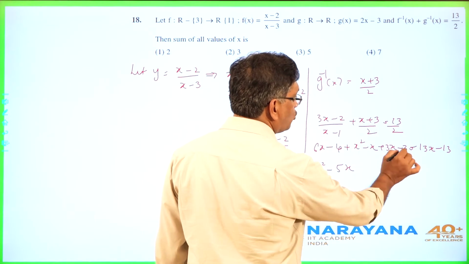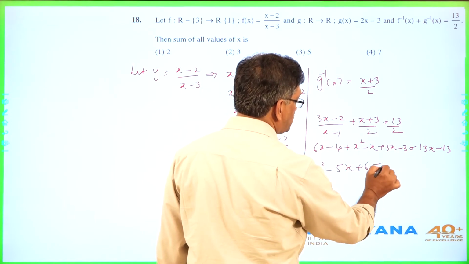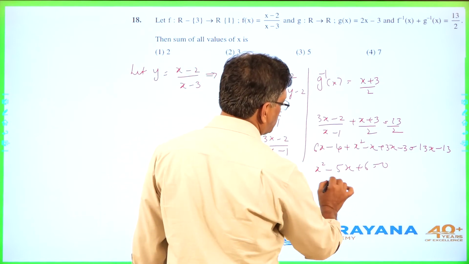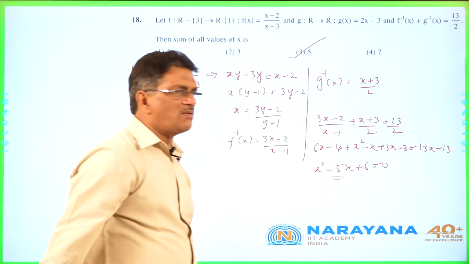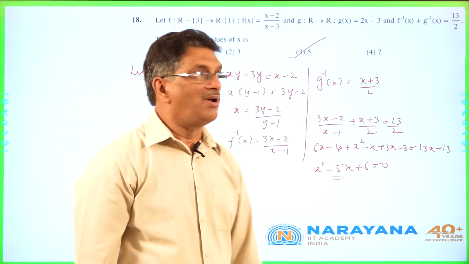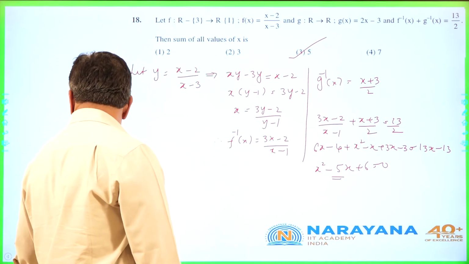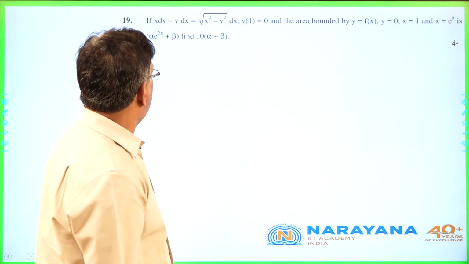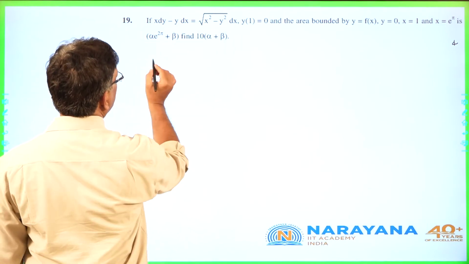Next, minus 4, minus 7 plus 6 equal to this one. Sum of all values, you mean sum of the roots, that is nothing but 5. Okay, simple problem on functions. Go to the next one. 19. x dy minus y dx. I will send it to the other side.